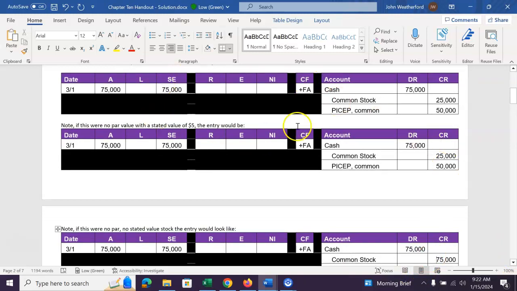So those are just three different scenarios that you could possibly run into when shares of common stock are issued.